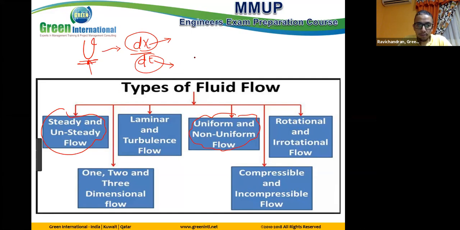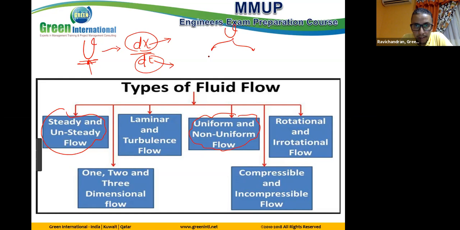To study the flow as steady or unsteady or uniform and non-uniform, we are going to study this velocity one time with displacement at constant time, and another time with time at constant displacement. So we study the velocity in two ways.